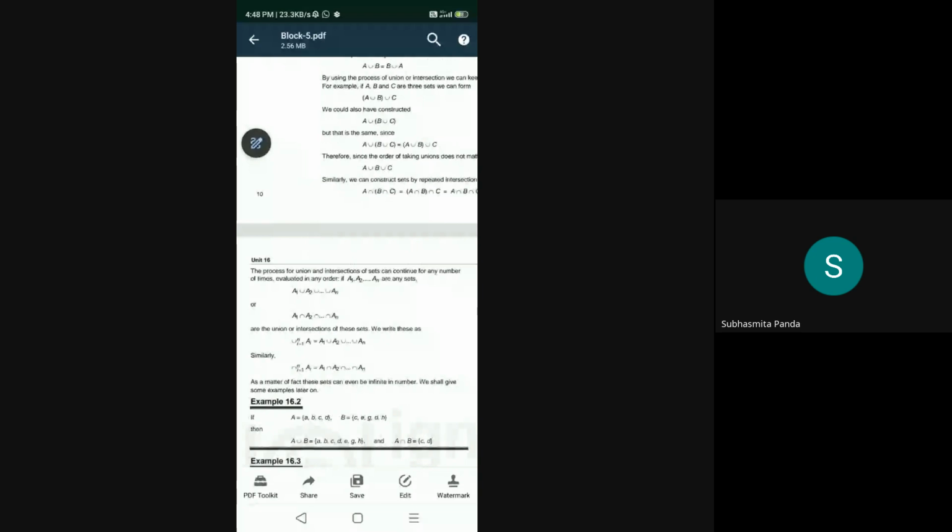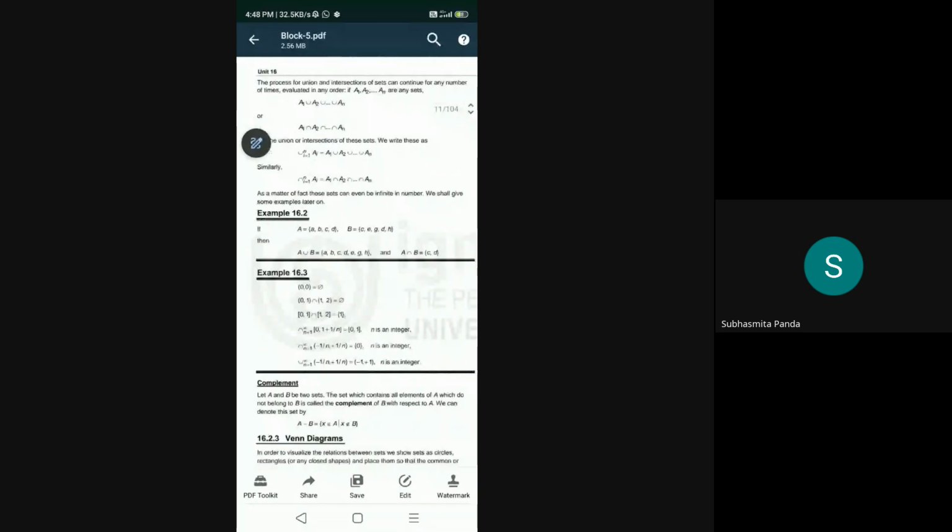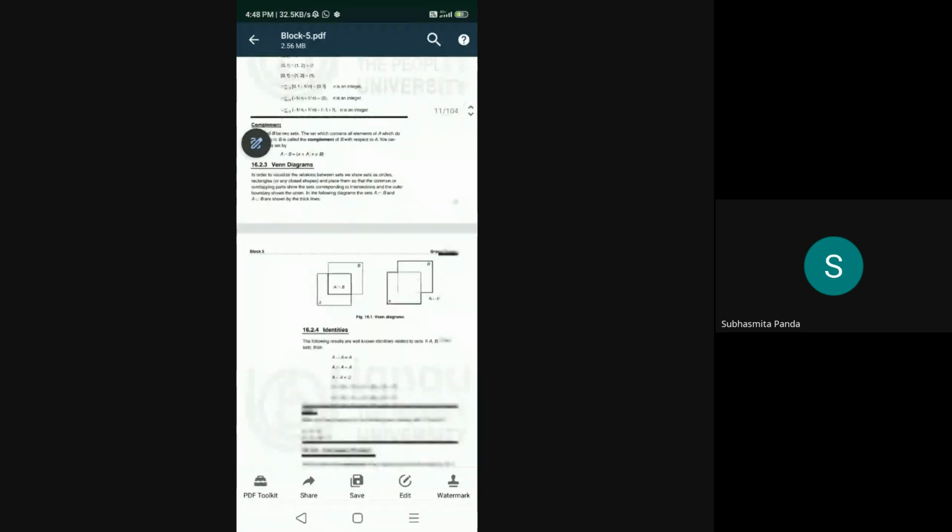Similarly, A union B is equal to B union A, and (A union B) union C is equal to A union (B union C). Okay, so there are Venn diagrams shown in the figure. In a Venn diagram, you can represent intersection, union, and other things.